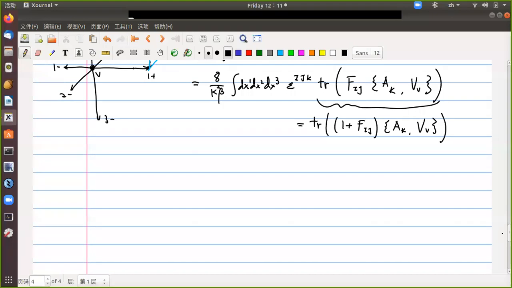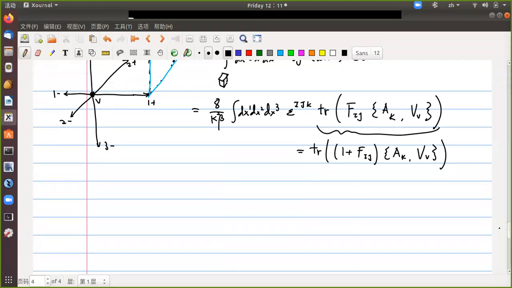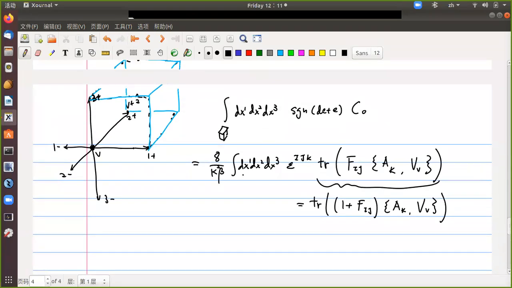All right, so now you can consider this formula. For example, dx1, dx2 gives you an integral over the plaquette, integrating this F. And then dx3 is a line integral integrating this Poisson bracket.